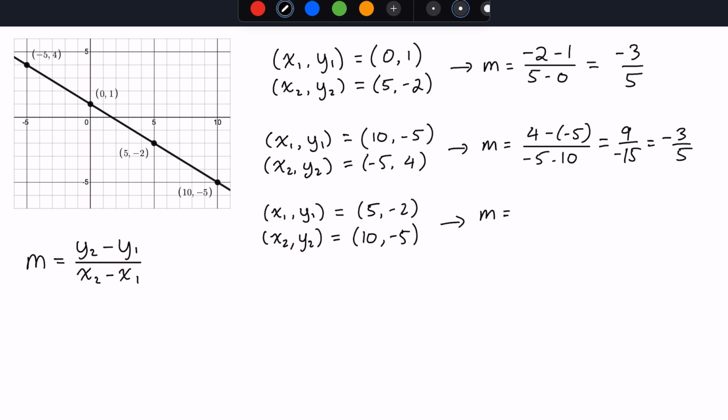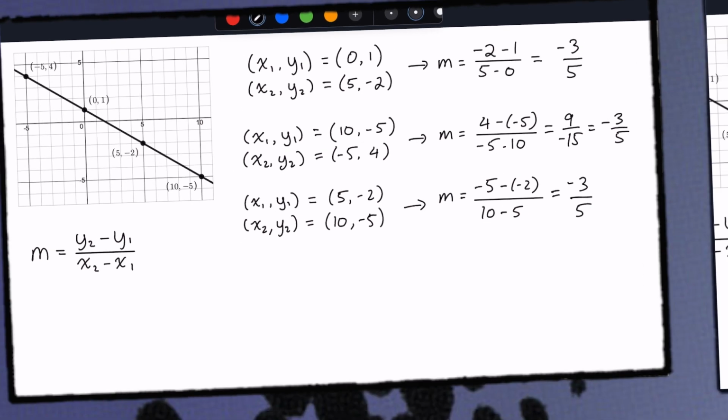When we calculate the slope using these numbers, we get negative 5 minus negative 2 divided by 10 minus 5, which is negative 3 over 5 yet again. Now there are a total of 12 different ways we can choose point 1 and point 2 to calculate the slope using these 4 points. Try to calculate the slope of negative 3/5 in 3 other ways.